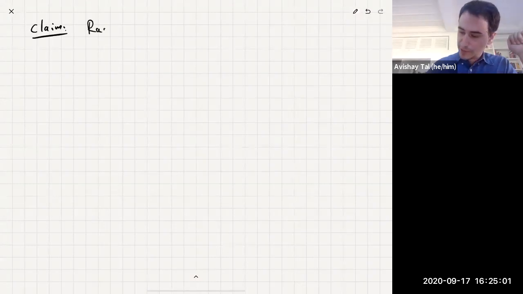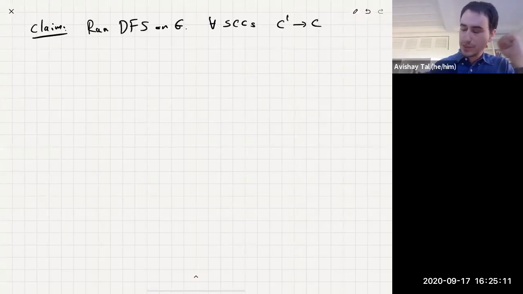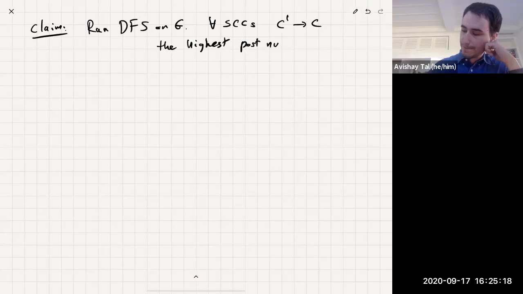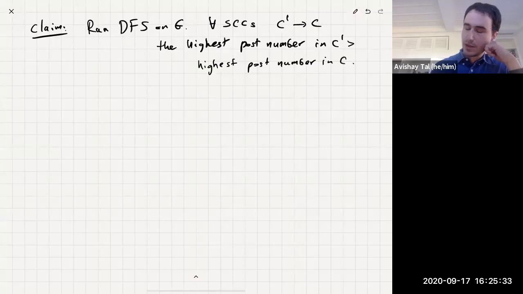if you rerun DFS on G, then for every two strongly connected components, C prime that has an edge to C, the highest post number in C prime is bigger than the highest post number in C. And this should also look familiar.